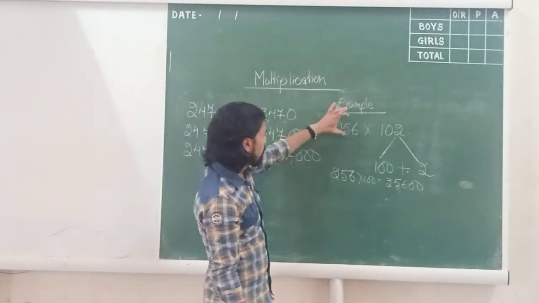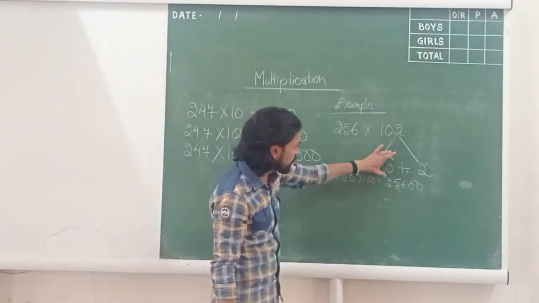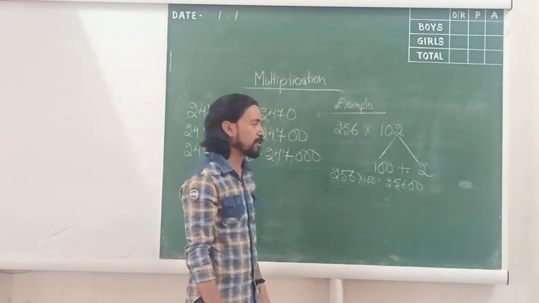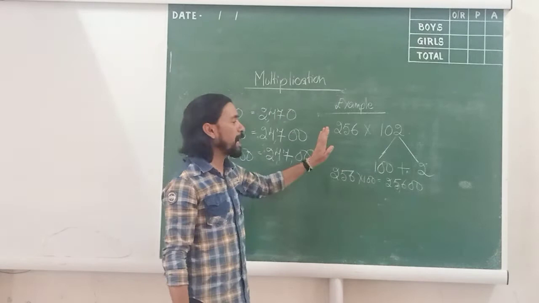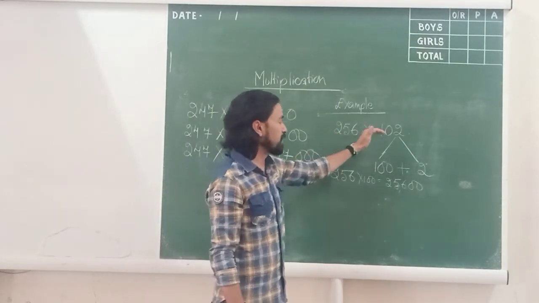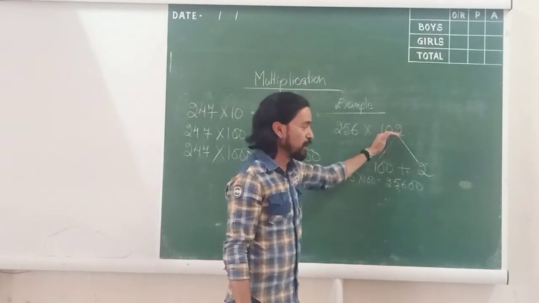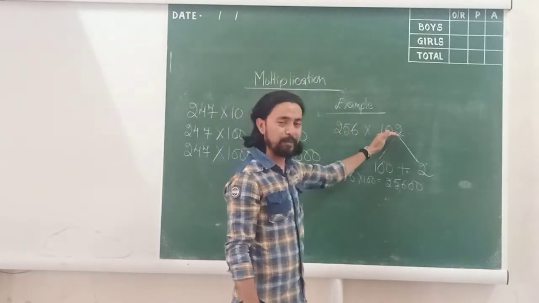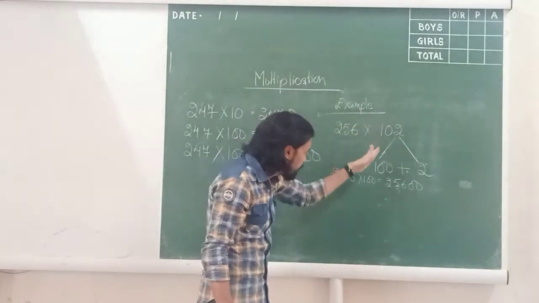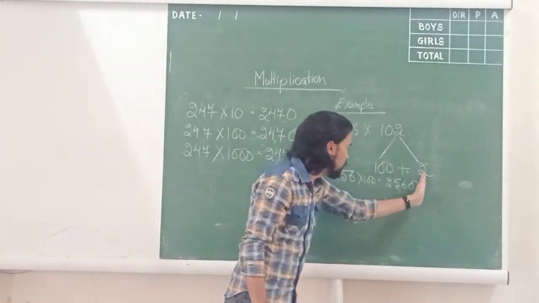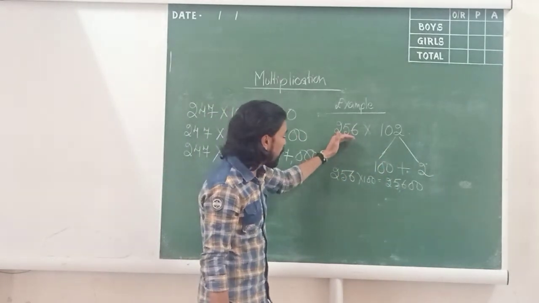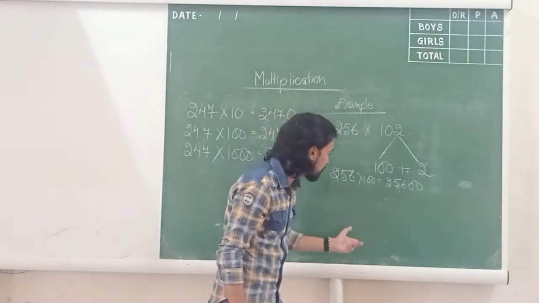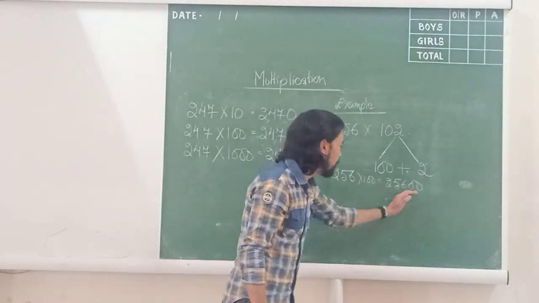Understand this, children, that I have multiplied 256 with 100 and got an answer. But 256 also has to be multiplied by 2, because my sum is 256 multiplied by 102. I have split it up into 100 and 2 so that my work becomes easier. I can directly multiply 256 by 100 fast: I just write the number and add 2 zeros.